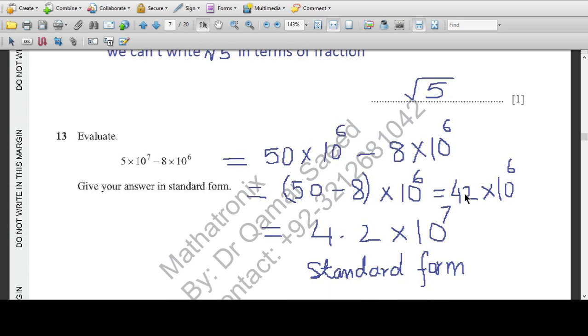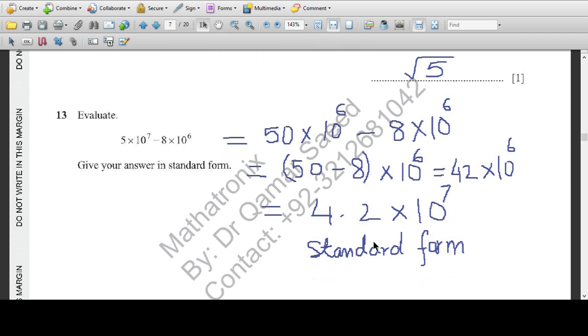And we have to write it in standard form with a 1 digit decimal. After 1 digit we place the decimal. So if we place the decimal here, then this becomes 10 power 7. So 4.2 into 10 to the power 7 is the standard form.